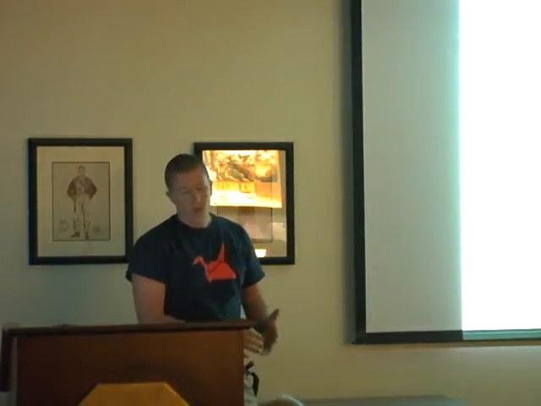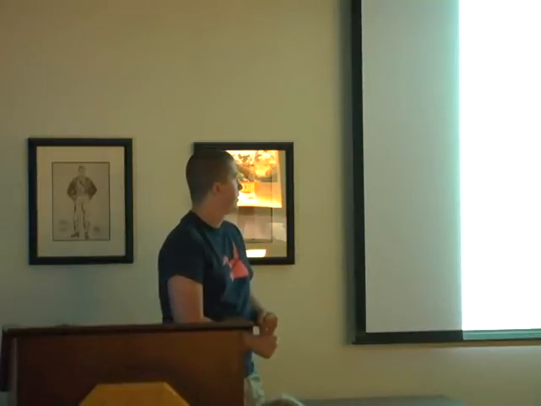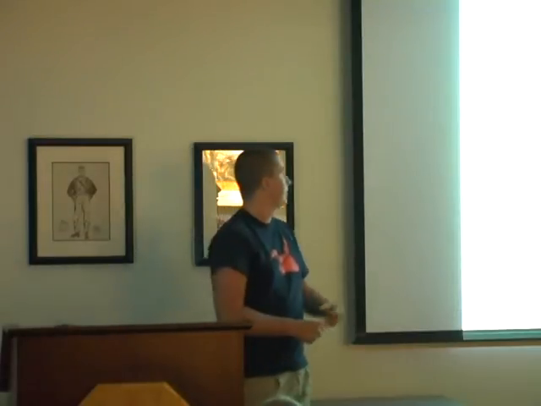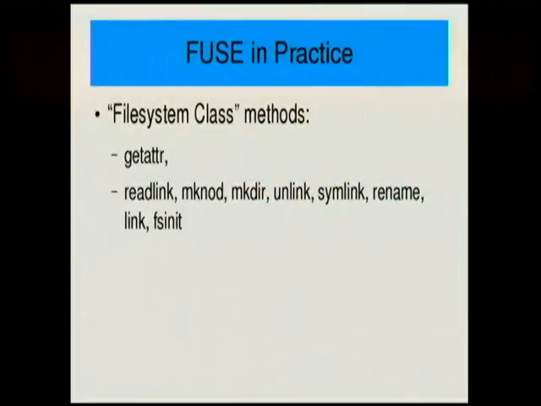According to the FUSE documentation, the only thing required is getattr, the file system level stat for getting metadata on a particular file. Other ones like readlink, mknod, mkdir, unlink, symlink, rename, link, and fs-init are optional; you can implement them if they mean something particular to your service.